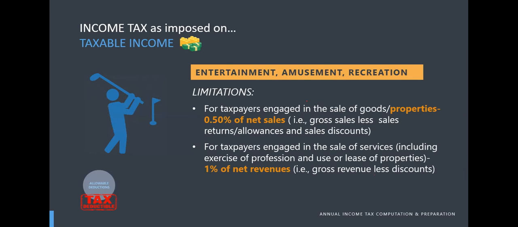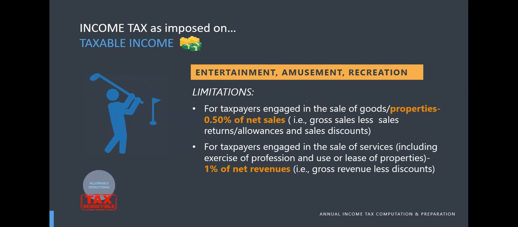So that is equivalent to 10,000. So if the taxpayer has again 100,000 representation expenses, then the amount that is allowed to be deducted for income tax purposes is the limit of 10,000. So the taxpayer has no benefit over the 90,000 non-deductible expense.